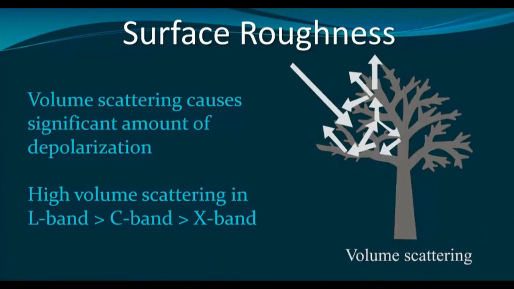Therefore, a different approach has been adopted to identify the forested or vegetated area. In this case, we have observed that volume scattering causes depolarization. Depolarization means changing the polarization.